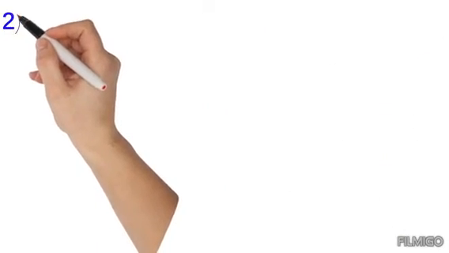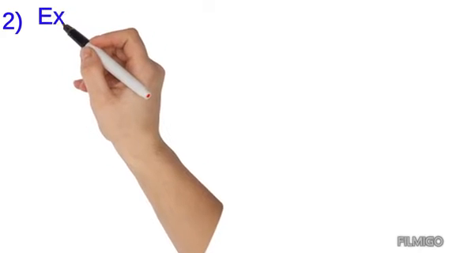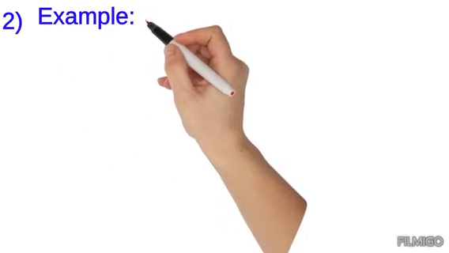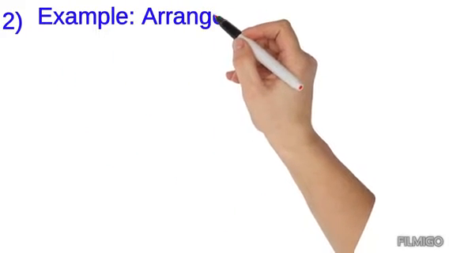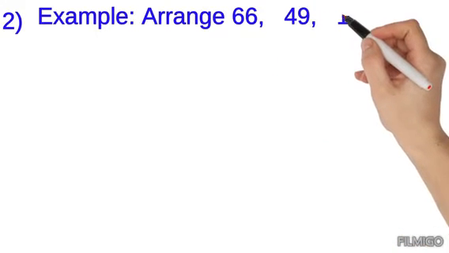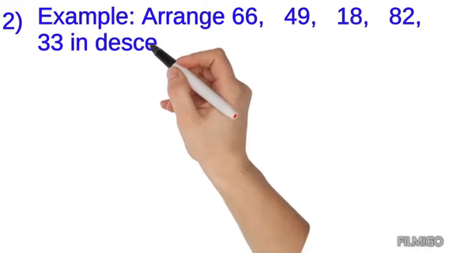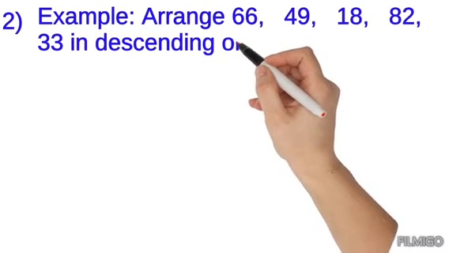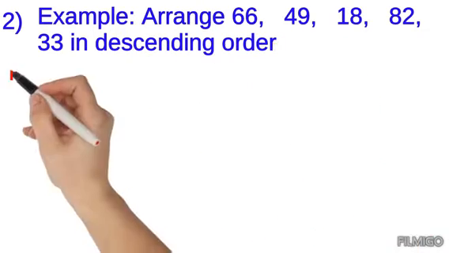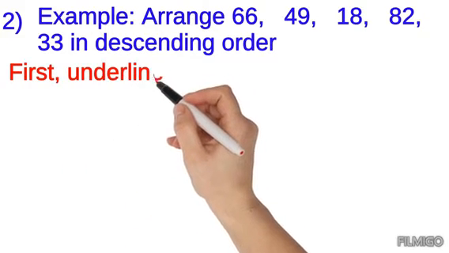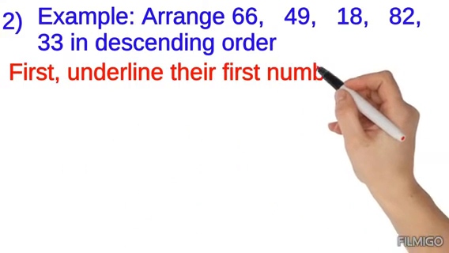Let's go to the next example. Example 2. Arrange 66, 49, 18, 82, 33 in descending order. First, underline their first numbers.